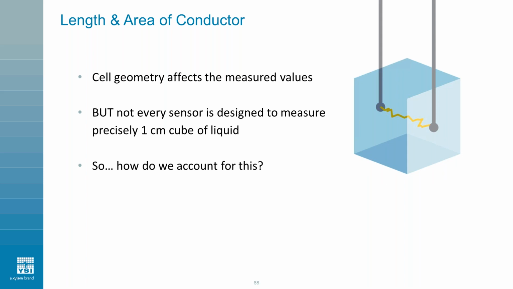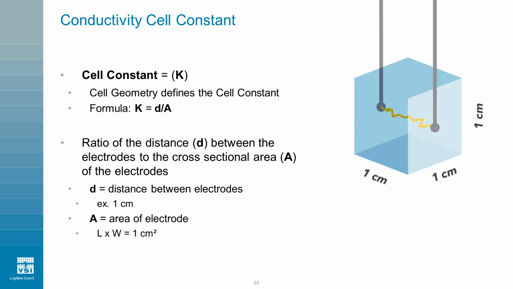So how do we account for this? This is where our conductivity cell constant comes into play. It is important to note that the cell geometry defines the cell constant. This can vary between different types of sensors. Sensors come in all shapes and sizes, so we need to apply the cell constant in order to obtain comparable and meaningful data.